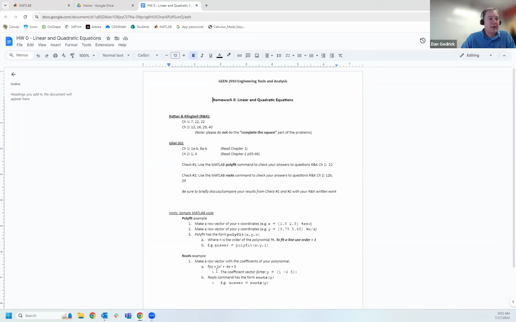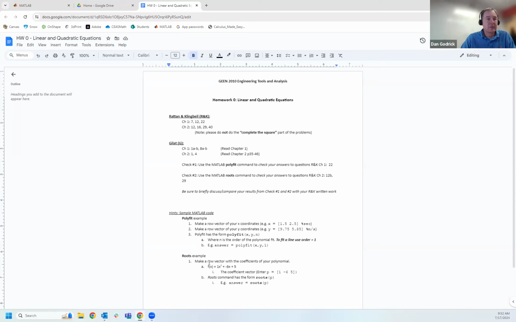If we have a function that's x squared minus 6x plus 5, the first coefficient, the one in front of the x squared, is 1, the minus 6 is your second term, and 5 is your last term.